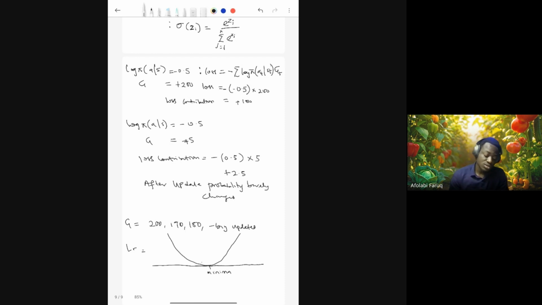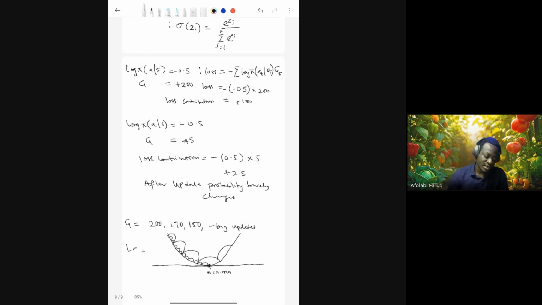So we want to ensure that our learning rate is small, such that we can get to this global minimum. If it is large, it's going to be taking larger steps, and then maybe it can overshoot the global minimum and then return. But if it is small enough, it can be taking smaller steps, baby steps, that can ensure that at some point we definitely get to the global minimum, right?